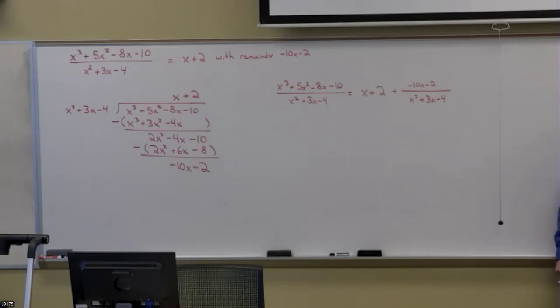So I could have written that as a fraction of negative 10x minus 2 divided by my divisor. So that's long division.